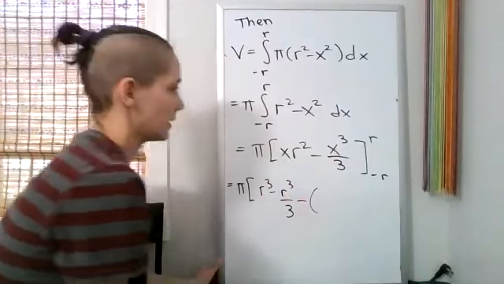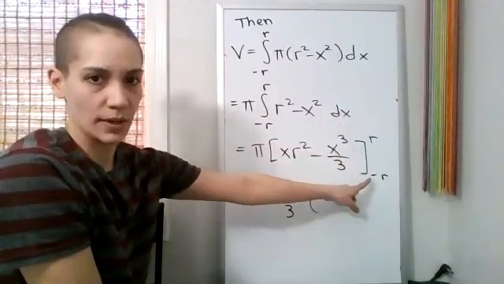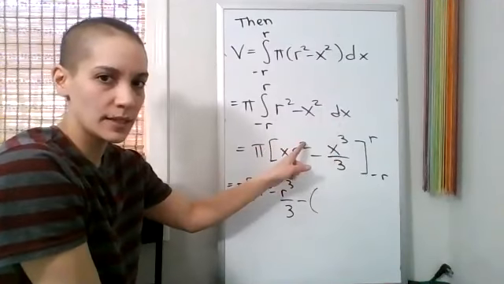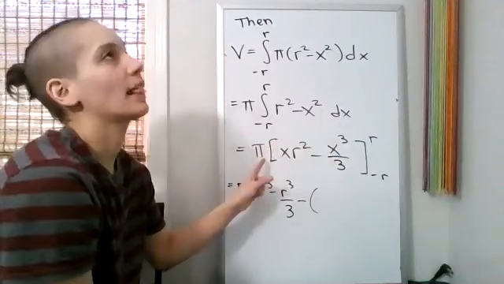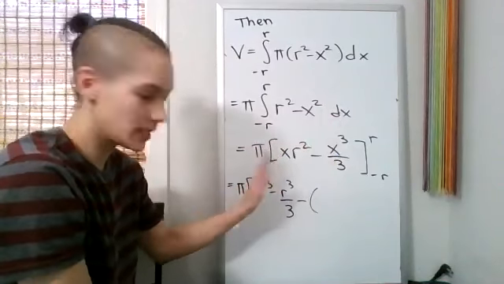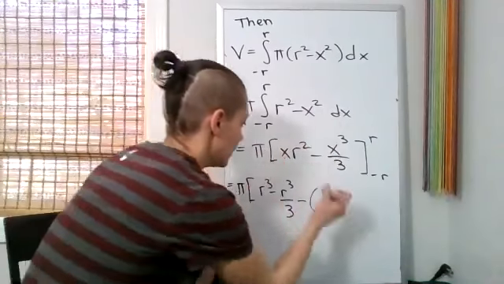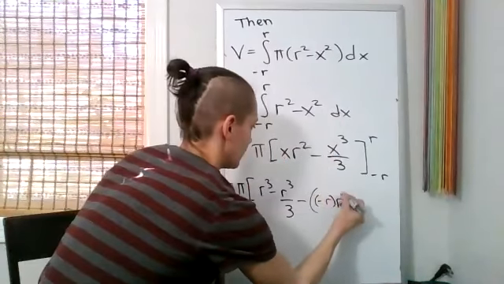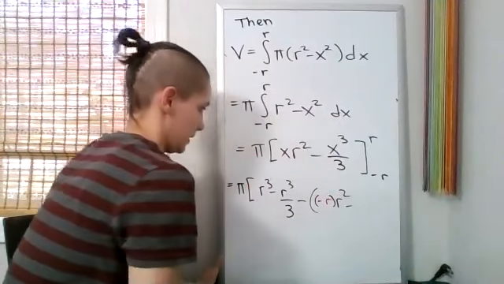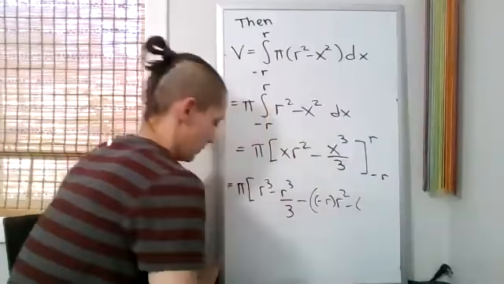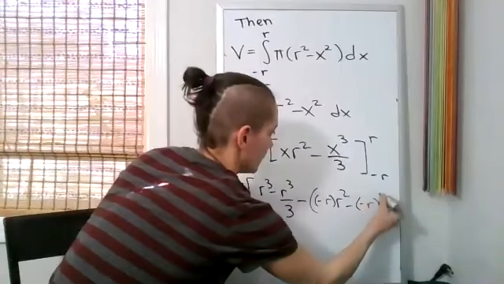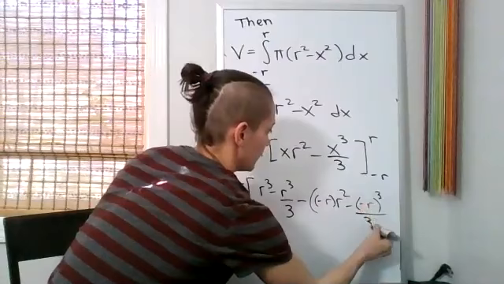Take away putting in negative r. So when you put in a negative r here, it's going to get squared. Wait, sorry, is it negative r for x? Let's just be careful in this. Negative r times r squared minus negative r cubed divided by 3.